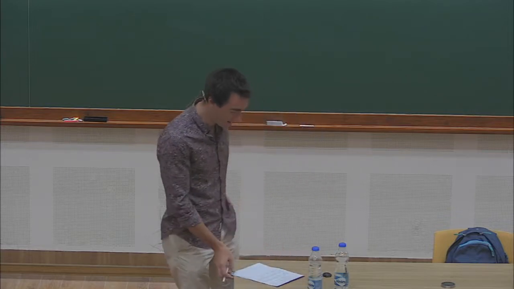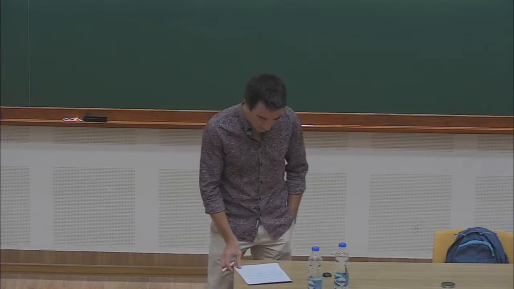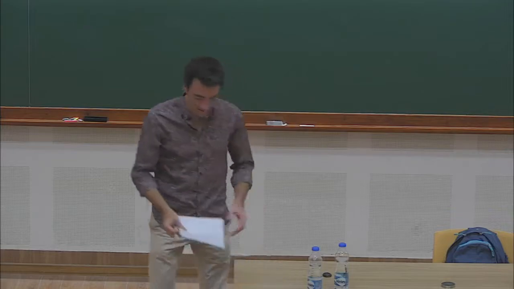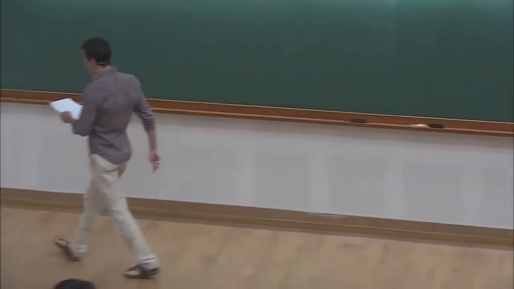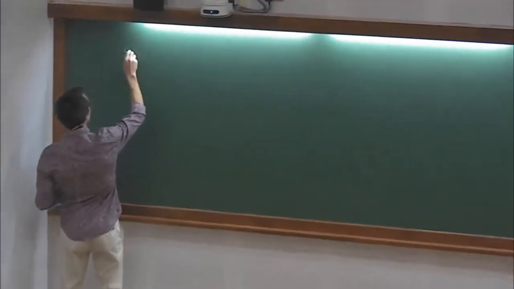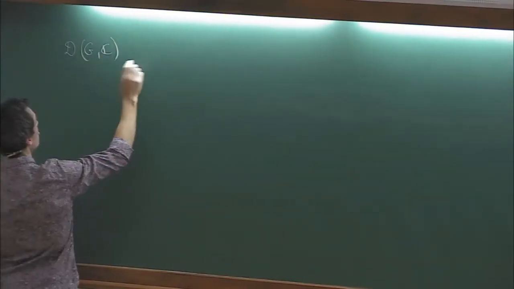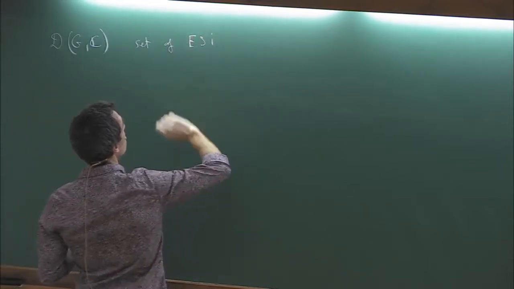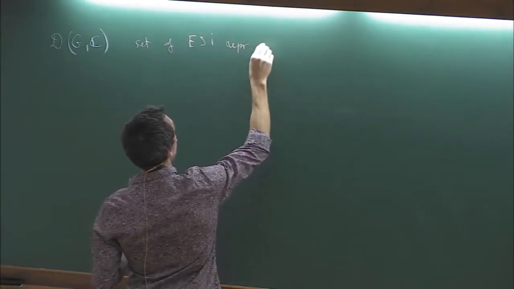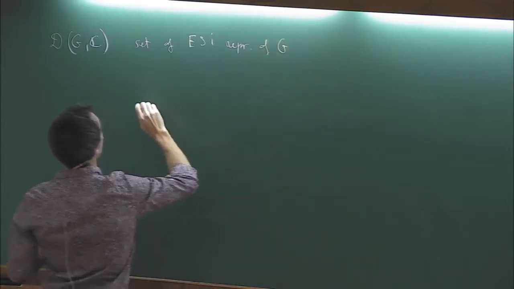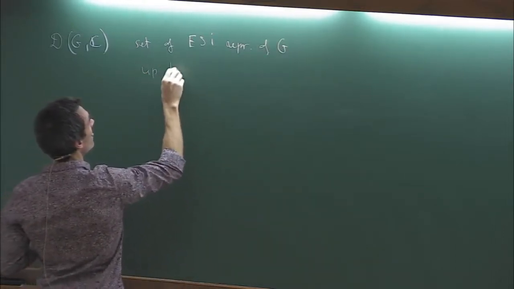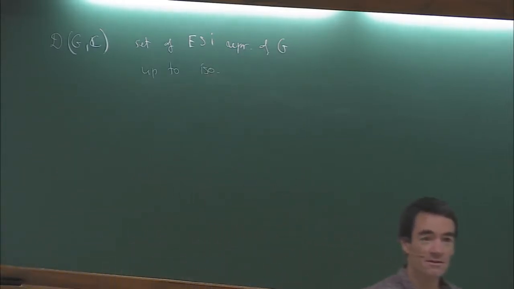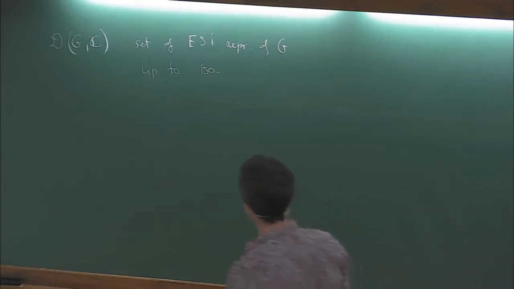So I have defined the essentially square integrable representations, and I denoted by DG the set of essentially square integrable representations of G up to isomorphism. It is also called the discrete series of G.